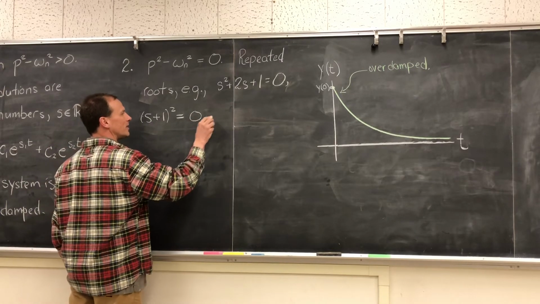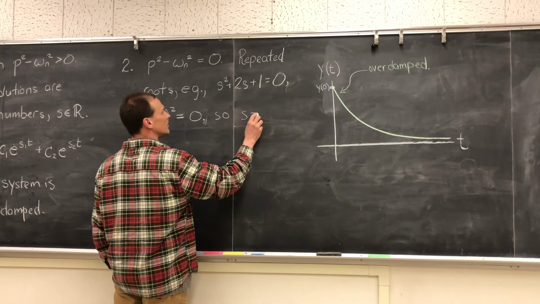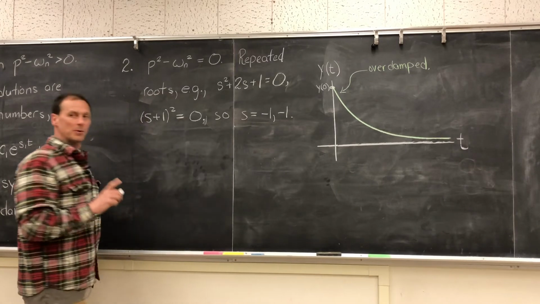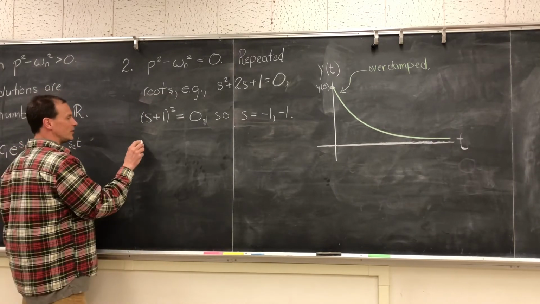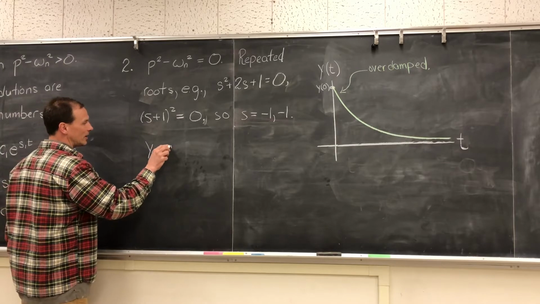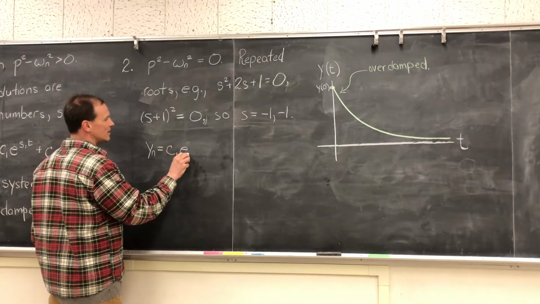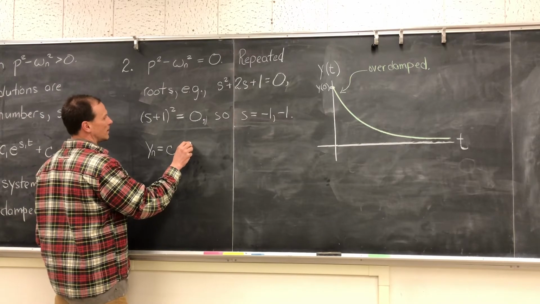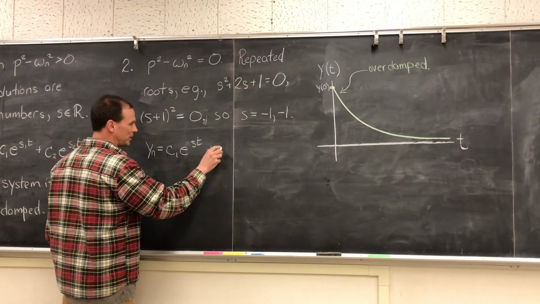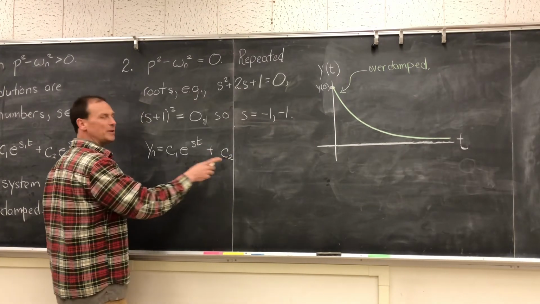So our solution is just s is minus 1 and minus 1. But when you write the solution, this is what's interesting. Our null solution now starts out as we would expect, c1 e to the st plus, but now we pick up a c2, and they can't be the same.